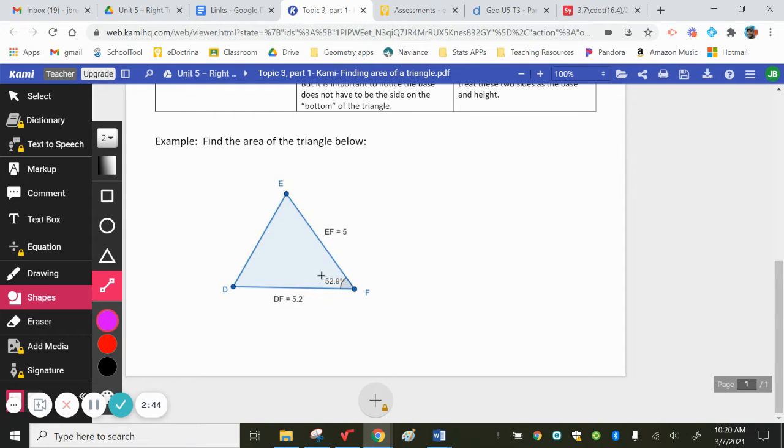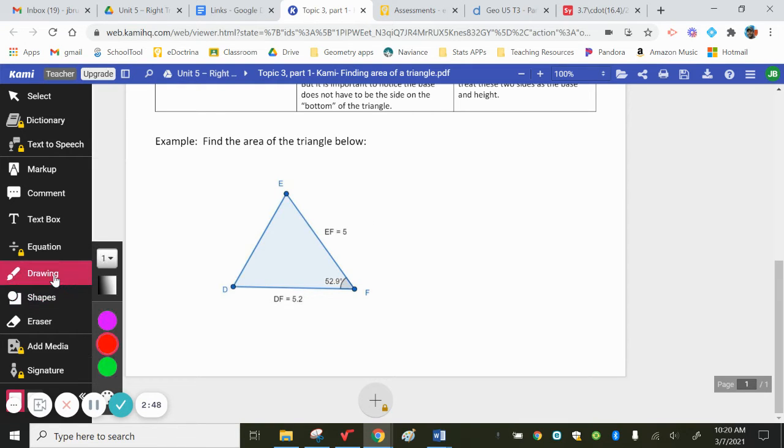So to find the area of this triangle using the formula, area is equal to 1/2 base times height, I can't simply multiply 5.2 and 5, because those two cannot be the base and the height.